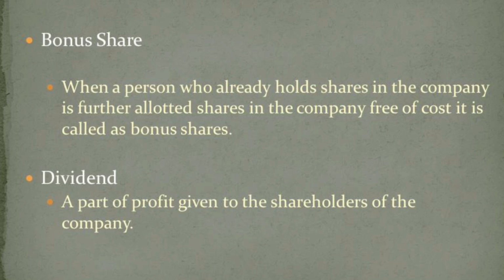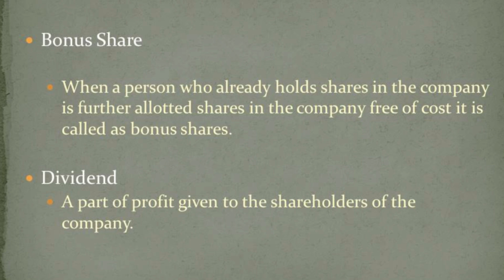The last term that we need to study is dividend. What is dividend? Dividend is a part of profits earned by the company which is given to its shareholders. Obviously, the shareholder is holding the shares, so you expect certain profits.